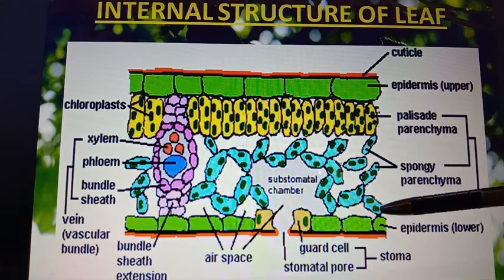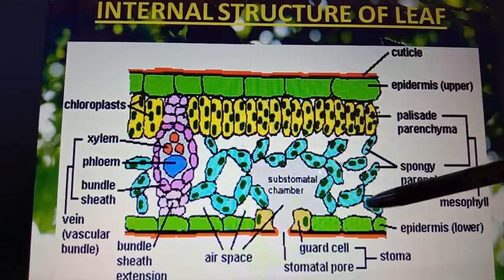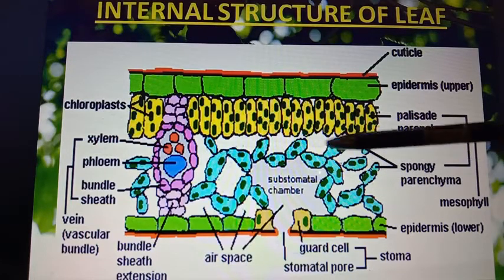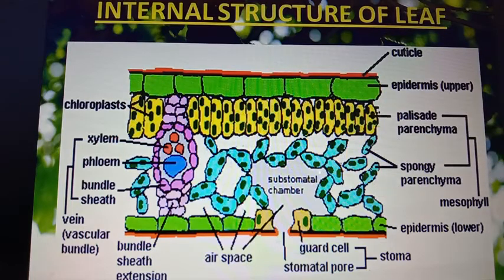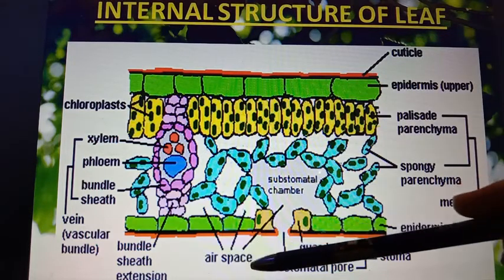Second mesophyll layer is spongy mesophyll layer. You can see in this layer that these spongy mesophyll cells are mainly very loosely packed and irregular shaped. These cells are surrounded by air spaces.